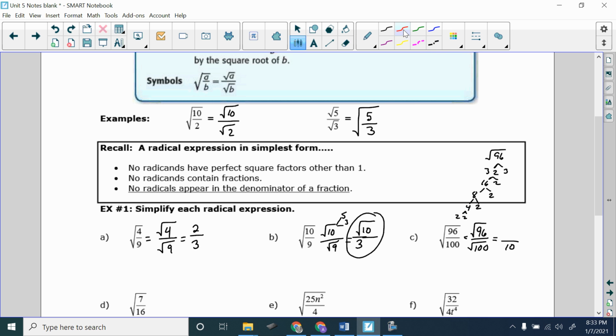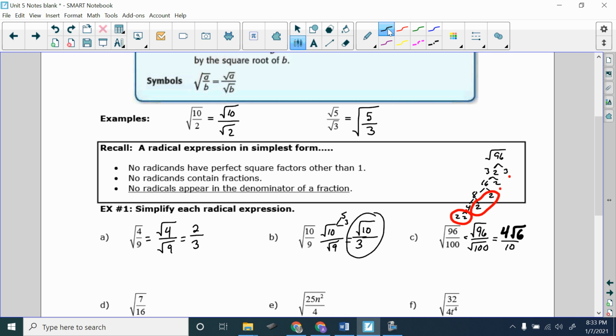So I have a pair of 2's right here, a pair of 2's right here, and then this 2 and this 3. So 2 times 2 comes out, so you have 4. And the 2 and the 3 stay under, so that's 6.